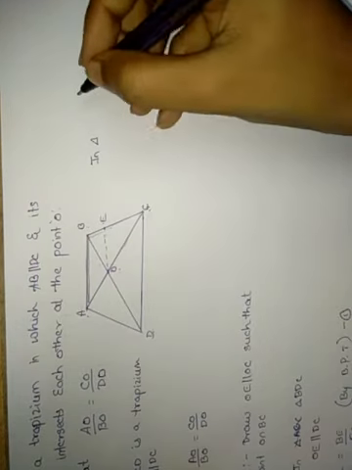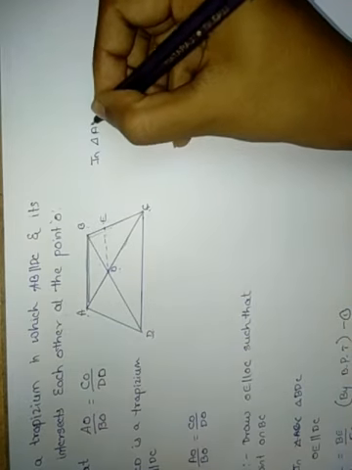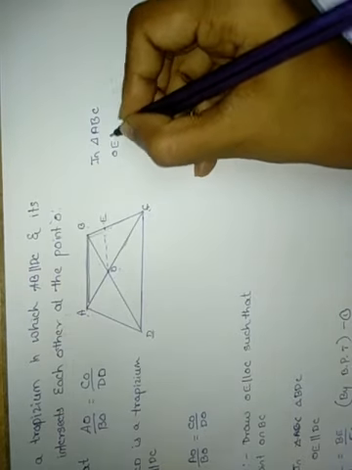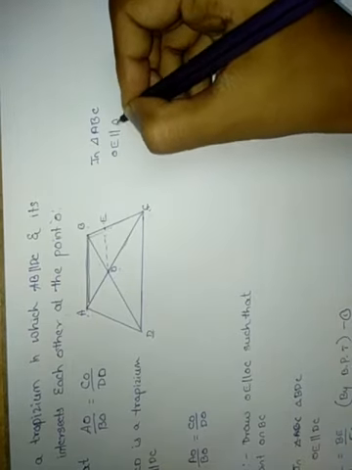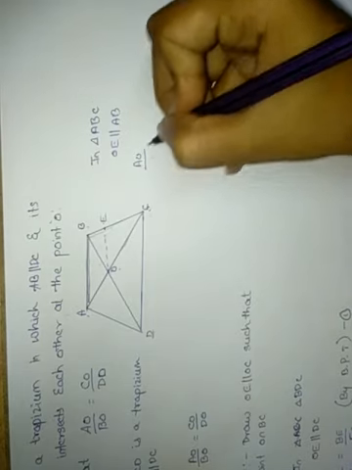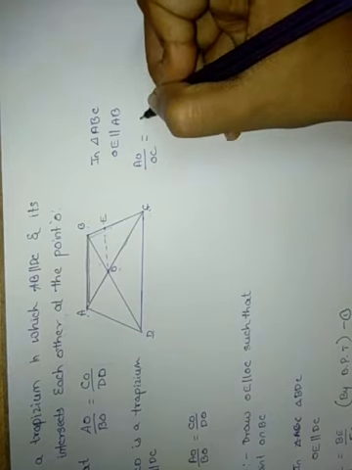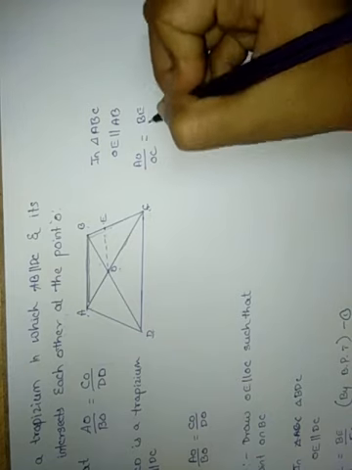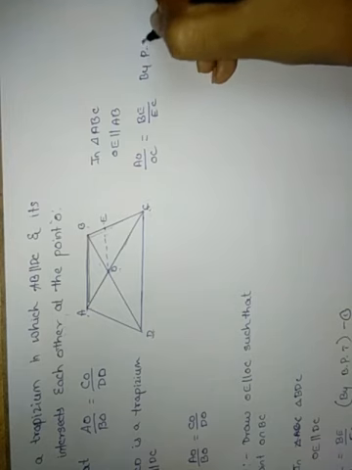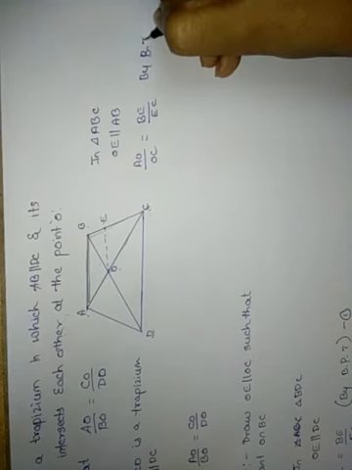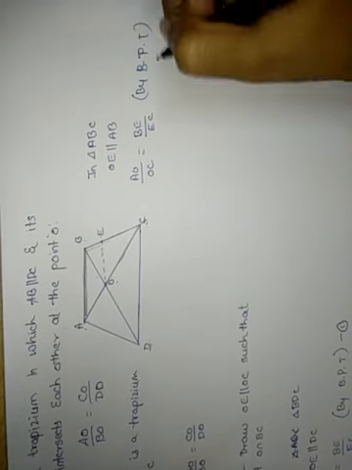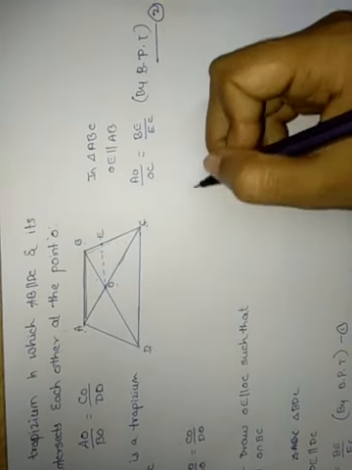We'll write: in triangle ABC, OE is parallel to AB. If OE is parallel to AB, then AO divided by OC is equal to BE divided by EC, again by BPT. We'll call this 2.